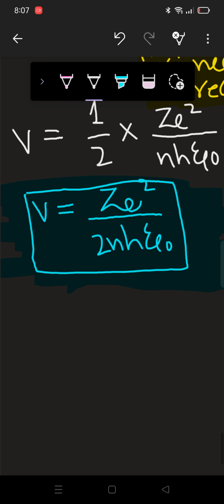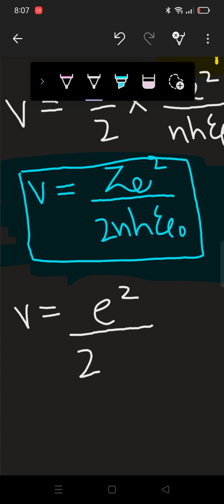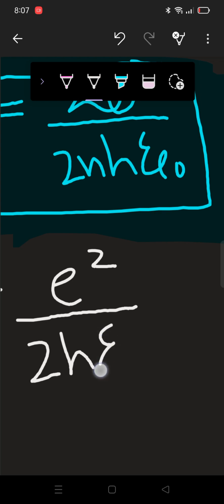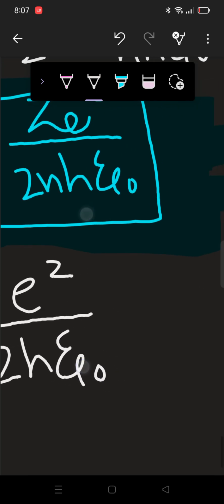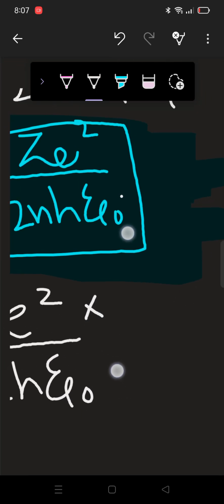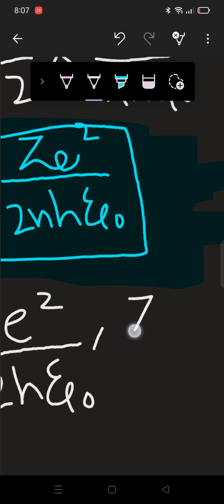Now let's separate the constants, right. v is equal to, now z is not a constant, but the charge of an electron is constant, 2 is constant, shell number is not constant, however Planck's constant is constant, and epsilon naught is constant as well, right, into what we have remaining up is z, which is the atomic number, upon down we have remaining n.